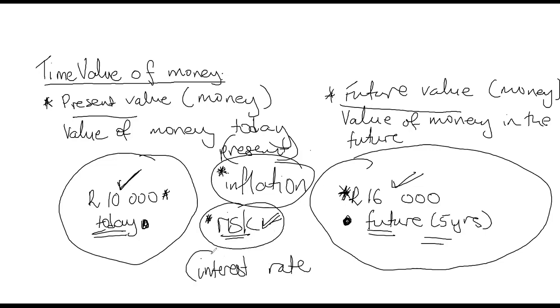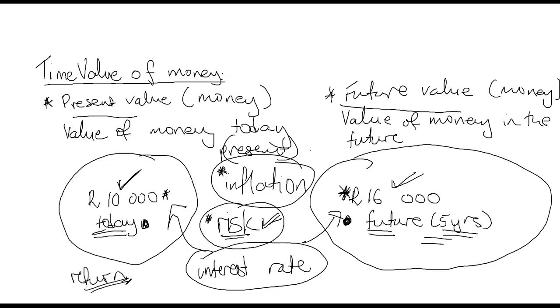A certain interest is applied to this 10,000 to make it worth 16,000 after 5 years. So the interest rate, we can call it the return. It's the return you get or the return you pay when you invest a sum of money for a certain number of years.